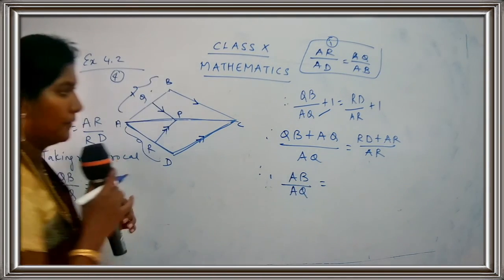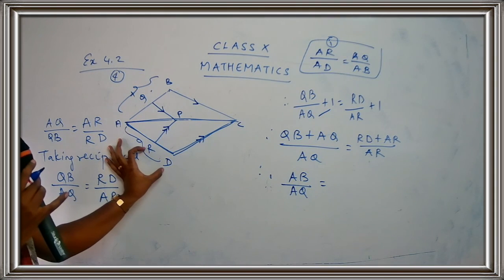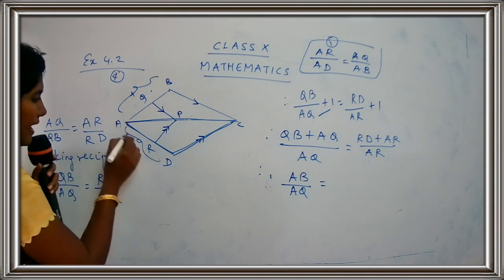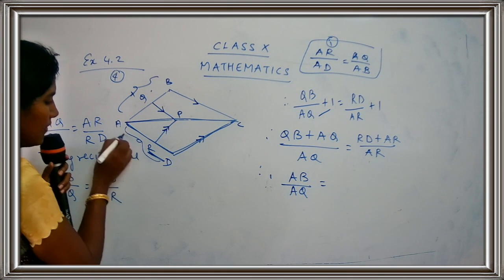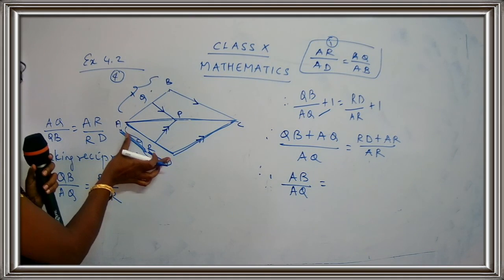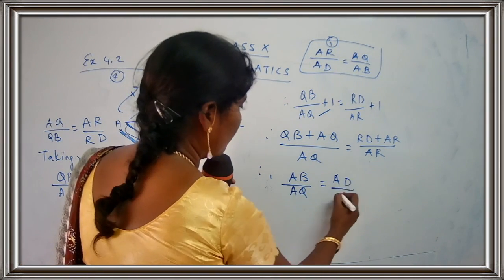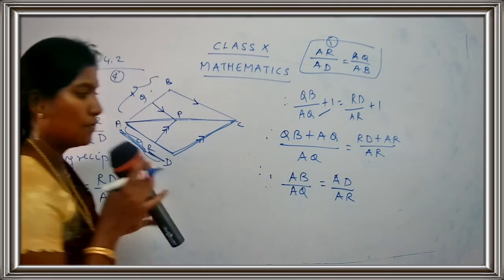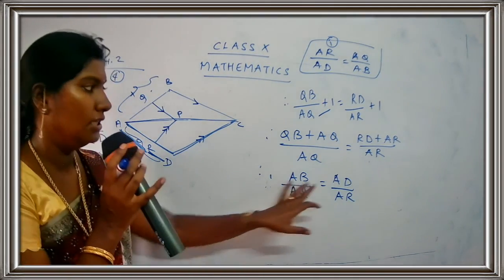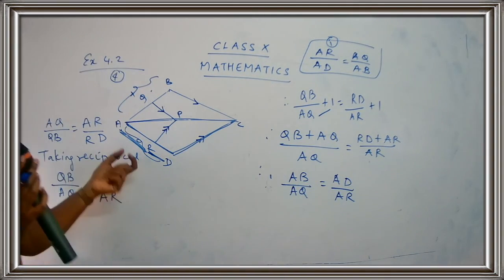Clear, children? Now let us add RD and AR. When I add RD and when I add AR, what do you get? You get the whole line segment, that is AD. So this is AD upon AR. So what we have got here? We have got AB upon AQ is equal to AD upon AR. Are you clear, children? Very simple thing.